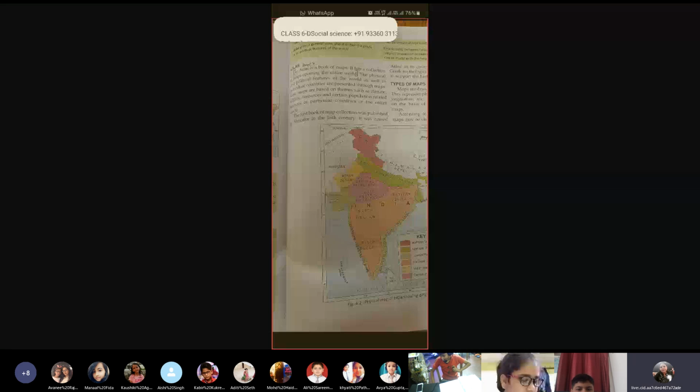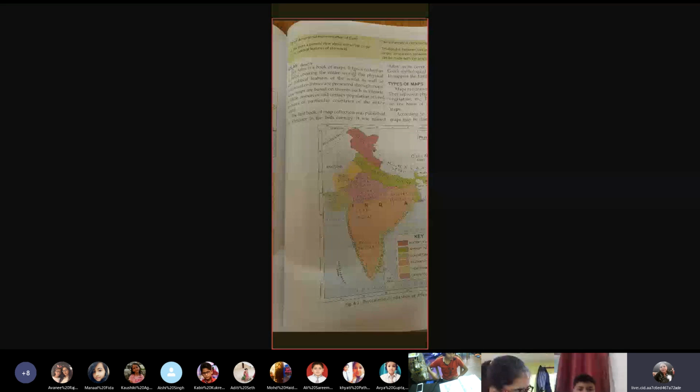Now, moving further, the first book of map collection was published by Mercator in the 16th century. It was named Atlas. The cover page had the picture of the Greek mythological giant Atlas, who is believed to support the earth on his shoulders.